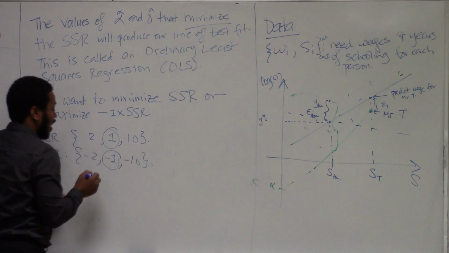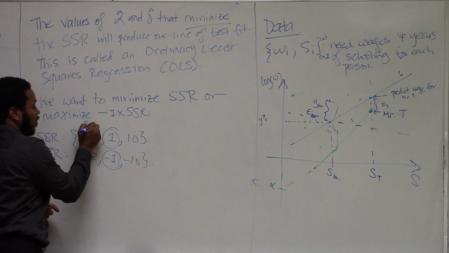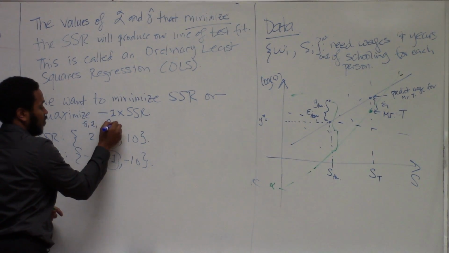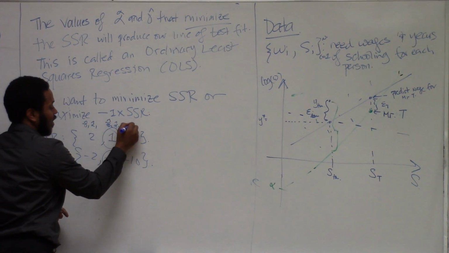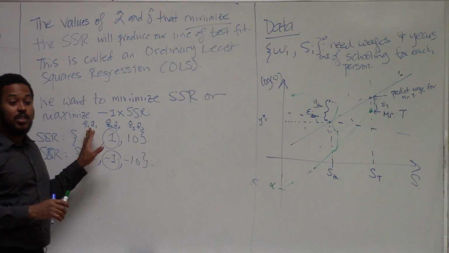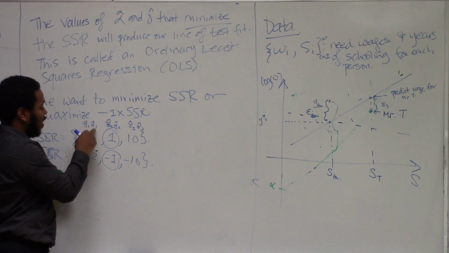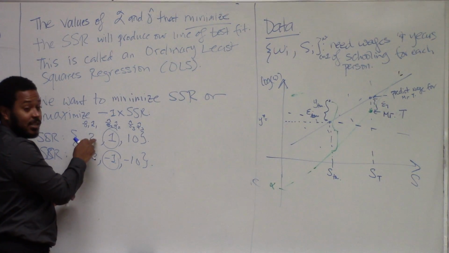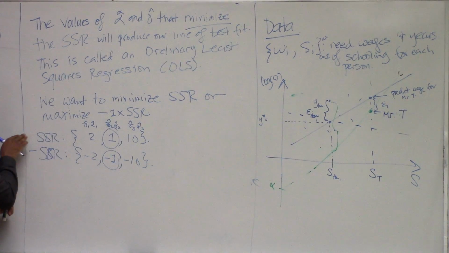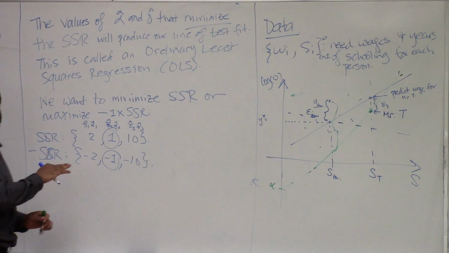Negative 1. Maybe these are gamma hat 1, alpha hat 1, gamma hat 2, alpha hat 2, gamma hat 3, alpha hat 3. These are just different guesses that we had. The guess of alpha hat 1 and gamma hat 1 gives us a sum of squared residuals of 2, and so on. This shows that minimizing SSR is the same as maximizing the negative of it.